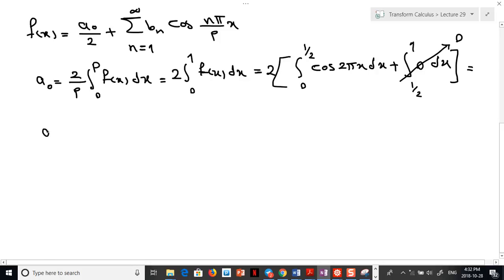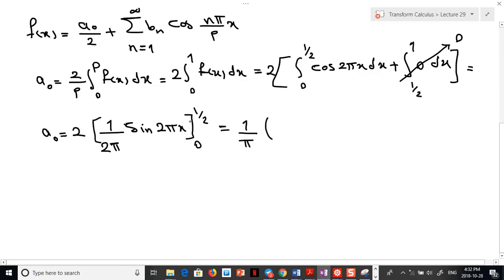So a0 is equal to 2 times the integral of cosine 2 pi x, which is 1 over 2 pi sine 2 pi x, with x between 0 and half. It's equal to 2 times 1 over 2 pi, which is 1 over pi.